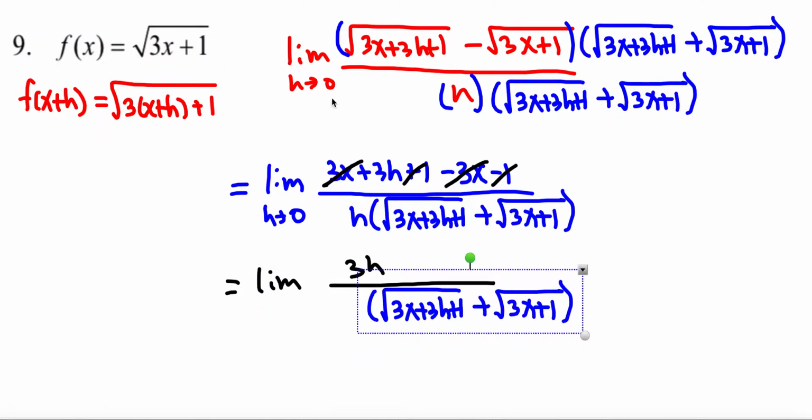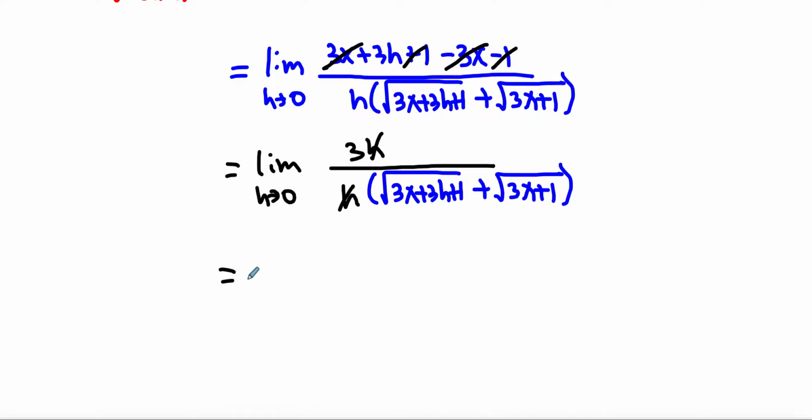The denominator is still here, along with h, as h approaches 0. Then you can see that h cancels out. We are left with 3 over that expression. Then limit as h approaches 0, 3 over that blue expression, as you can see.